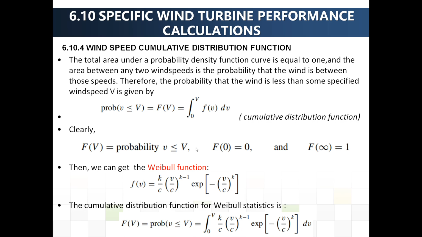Therefore, the probability that the wind is less than some specific wind speed V is given by the cumulative distribution function, F(V), which is equal to the integral from 0 to V of the probability density function of wind speed, f(v) dv. Clearly, F(V) is equal to the probability that the wind speed is less than V.